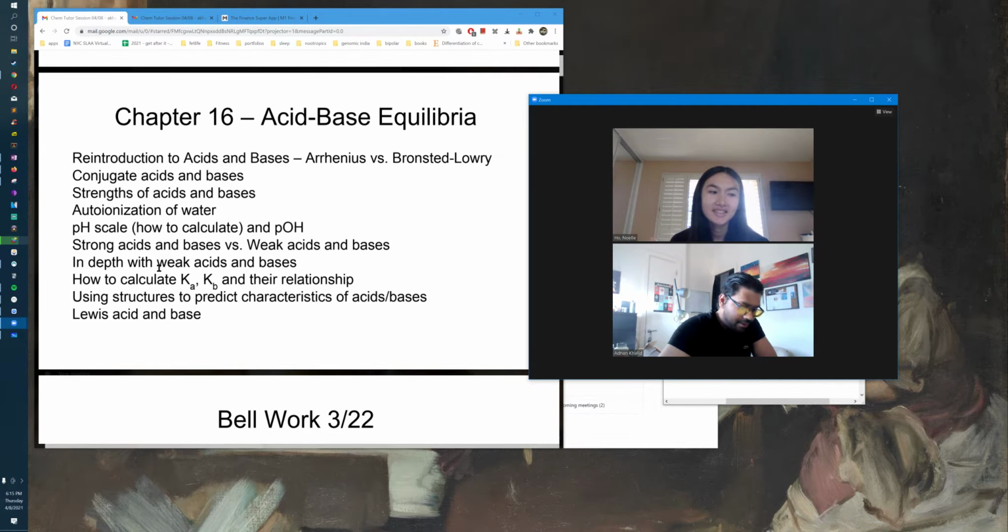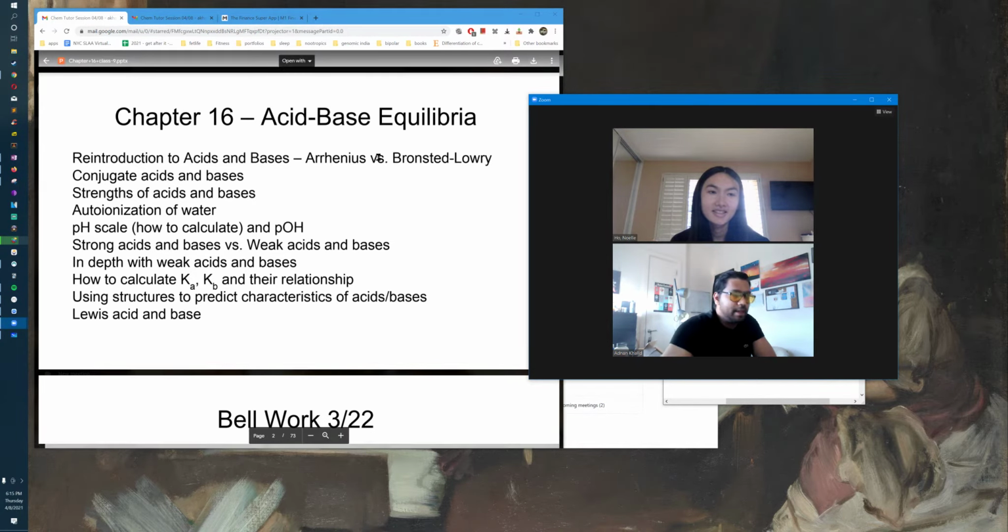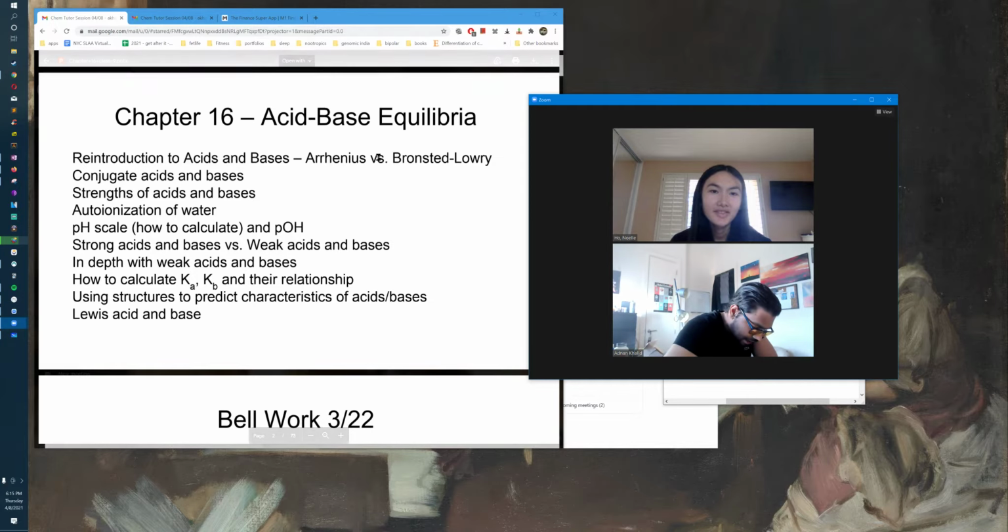Yep. So anytime you see a capital K, it's a version of this thing called the law of mass action. Have you heard of that? I don't think I remember it. Okay.